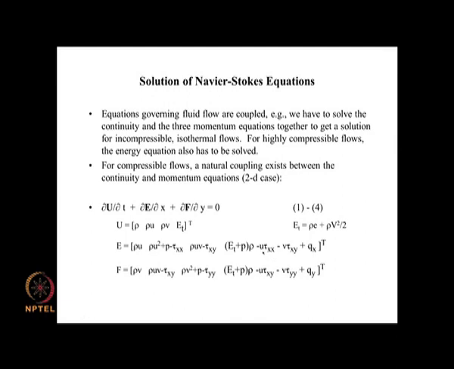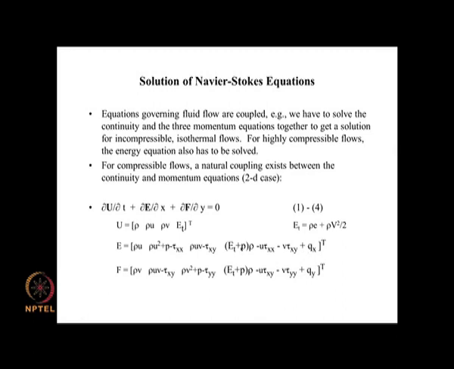then you have the work done by the stresses, τxx times u and τyx times v, and then τyy times v, and then τxy times u here, and then the heat fluxes.